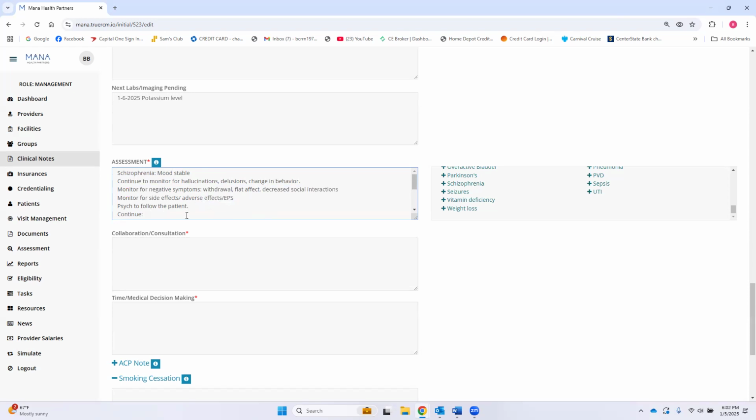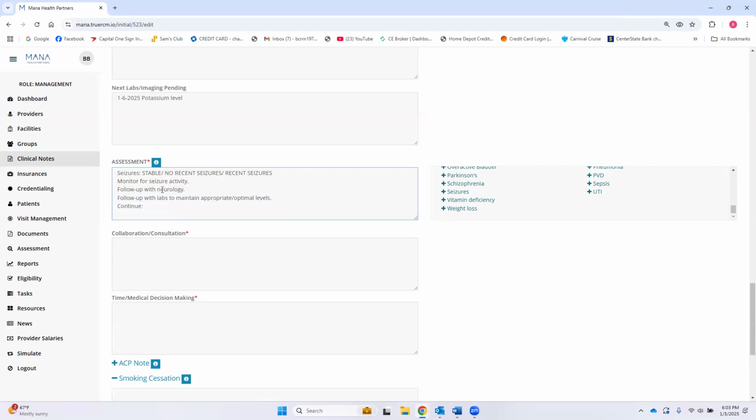If psych is following the patient, that's great. If LCSW is following, you can write that as well. And then because your medications are already above under the medication tab, you can just write continue Seroquel. That is sufficient. You do not need to write the frequency, the dose, and the route.